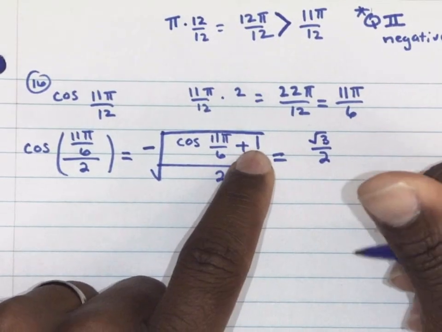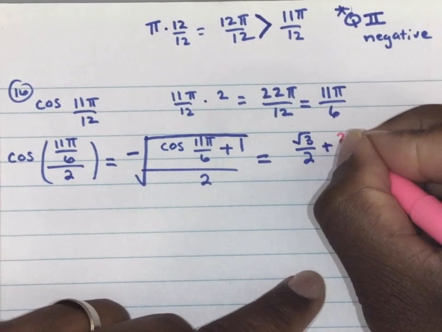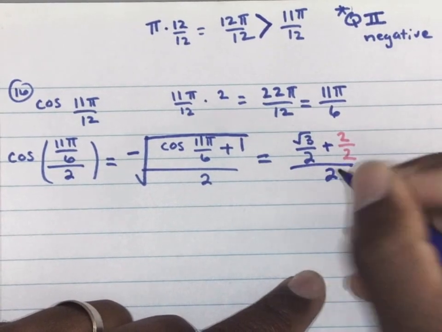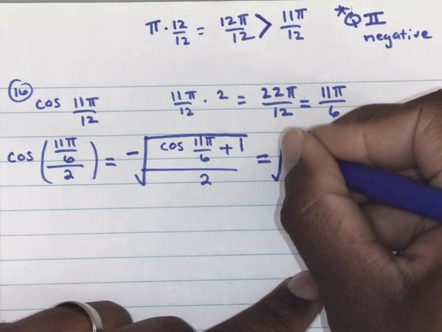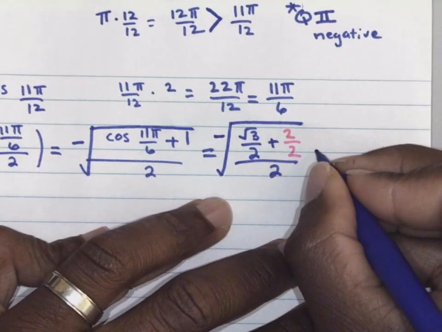Let's go ahead and rewrite 1 to have the same denominator. So it'll be plus 2 over 2, all divided by 2 in the radical, and then this is the negative 1. I put them together.